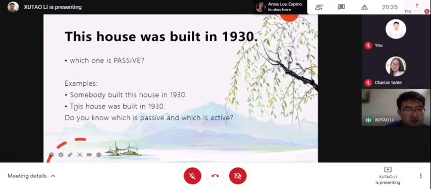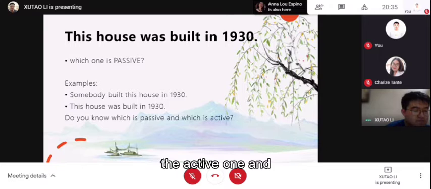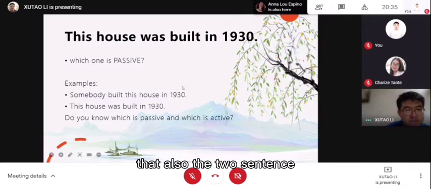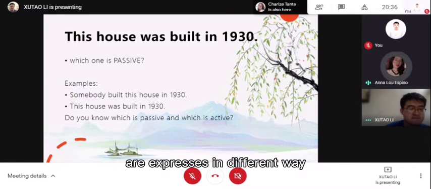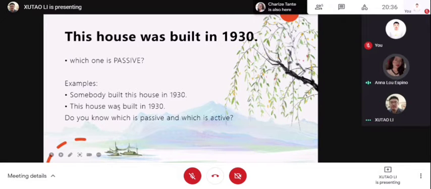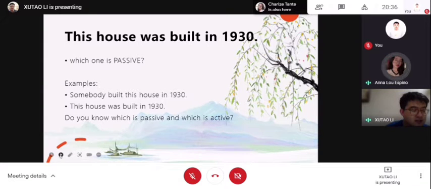Sir, I think the first sentence is the active one, and the second sentence is the passive. Yes. Thank you, Anna. So we can find that although the two sentences are expressed in different ways, they both express that this house was built in 1930, right?